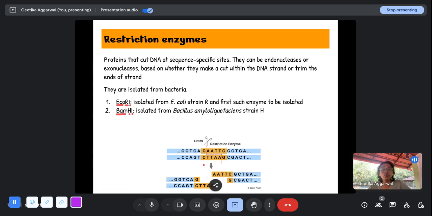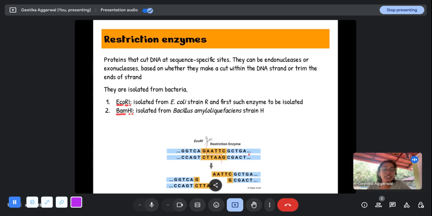So you can see here EcoR1 making a cut. There is a sequence GAATTC, and if you read it from the other side, it's still GAATTC. These are called palindromic sequences: if you read them from 5 prime to 3 prime, they read the same on both strands. Other sequences are not palindromic.